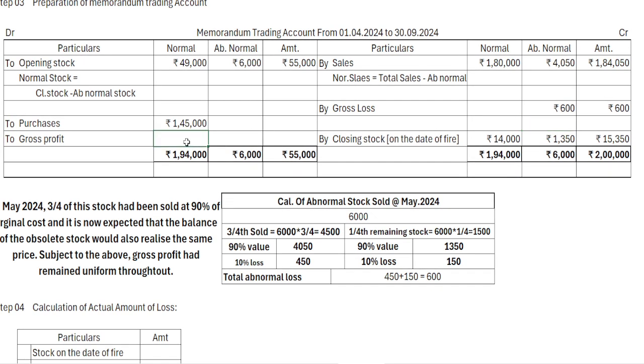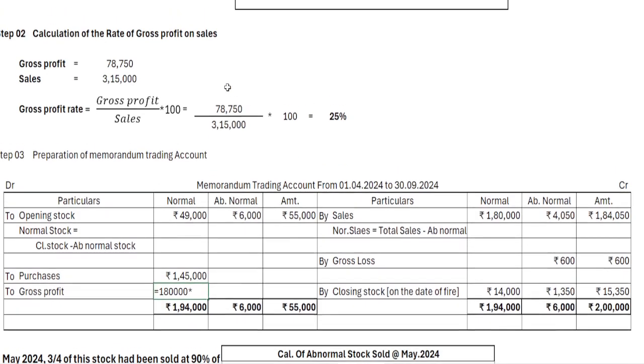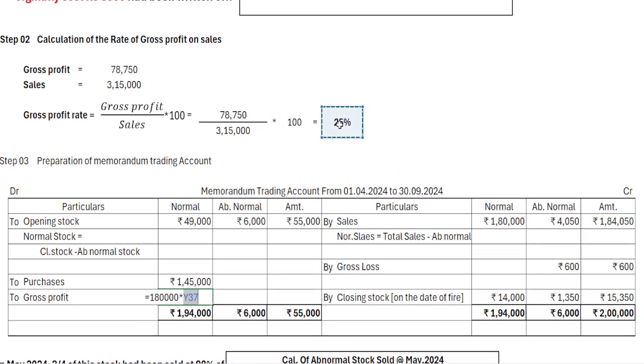Now gross profit. Gross profit is on 1 lakh 80,000, and what's the gross profit percentage? 25%.